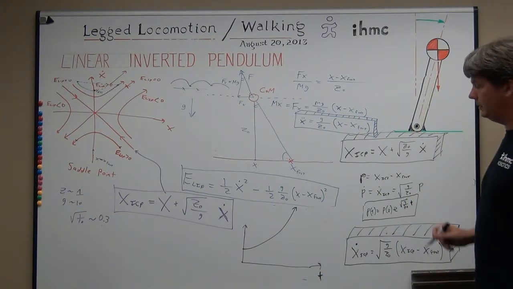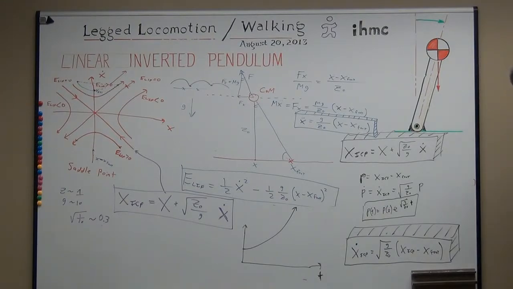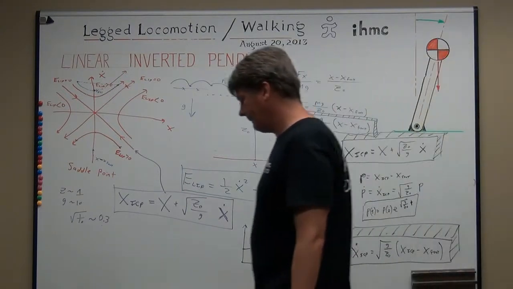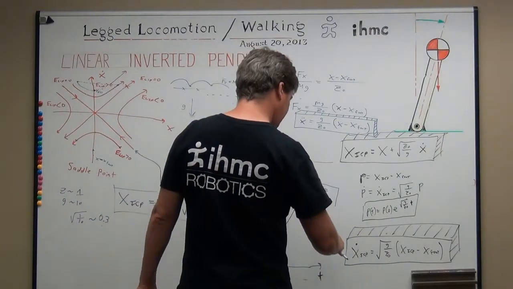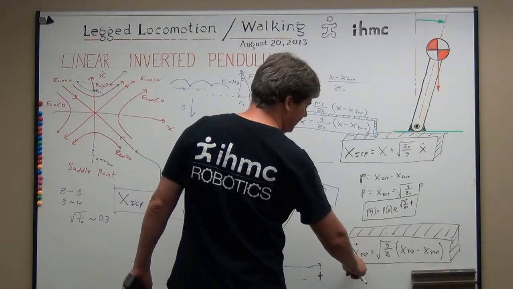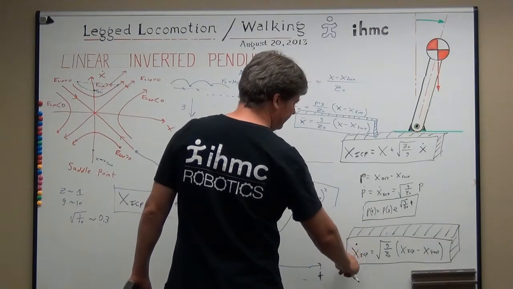Okay, so we were saying that at a certain speed that you're running, the capture point is a certain distance ahead of you. So wouldn't the speed of that capture point match your speed of running? No. Right here, this is the speed of your instantaneous capture point, your derivative.